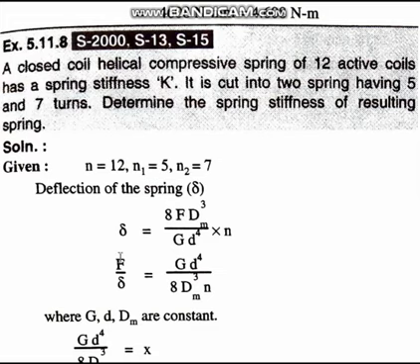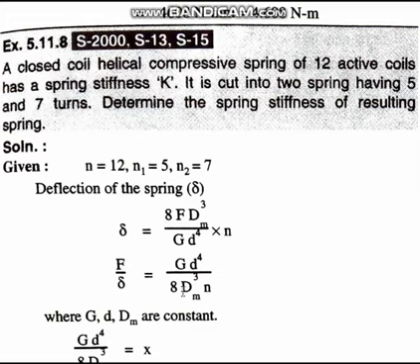So stiffness is F upon delta. So these two values you take out. What will be remaining is Gd to the power 4 upon 8 D cube N. This will be the stiffness. Because they are asking about spring stiffness, we should find out spring stiffness. Spring stiffness K is F upon delta. So in this formula, these two can be found out. That's why we are using the deflection equation, not the shear stress equation.